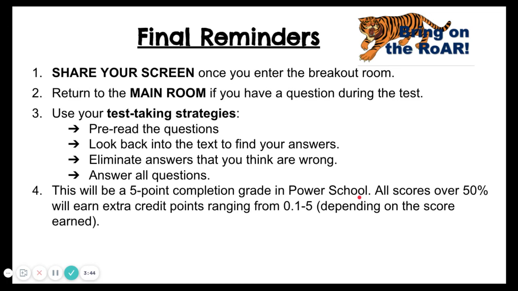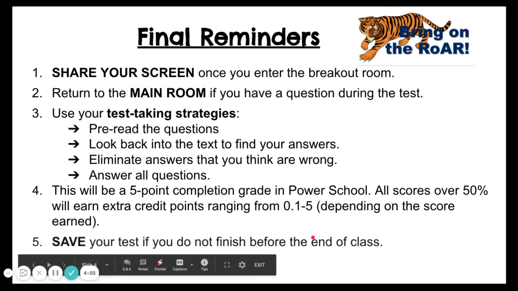So your score in PowerSchool will be a 10 out of 5. If you get a 95%, then your score in PowerSchool will be 9.5 out of 10. If you get a 65%, your score in PowerSchool will be 6.5 out of 10. So basically, anything over 50% will give you some form of extra credit.